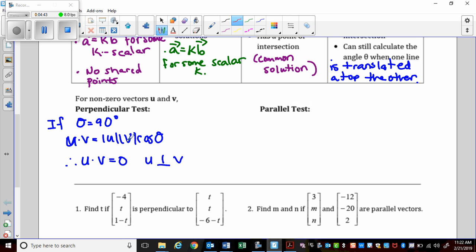Now, for parallel, we want theta to equal either 0 degrees or 180. I'll show you. These are a little bit different. Number one, when u is equal to k times v, where k is a scalar.